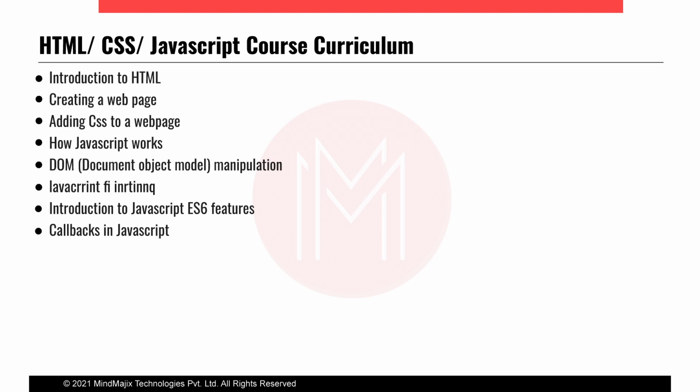Now the main concept of the web page is the engine, JavaScript. First of all, we'll describe how JavaScript works and how the browser works, and how the browser renders all the HTML elements into the DOM. The fourth last point is DOM manipulation. To manipulate the DOM through JavaScript, we have to understand what the DOM is.